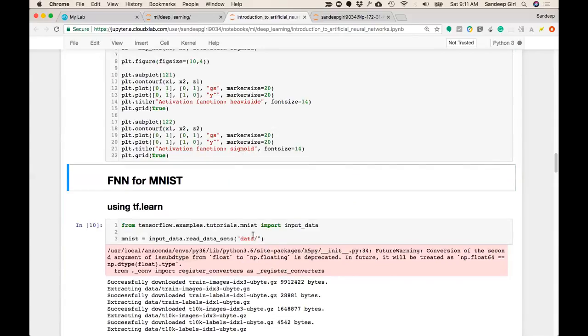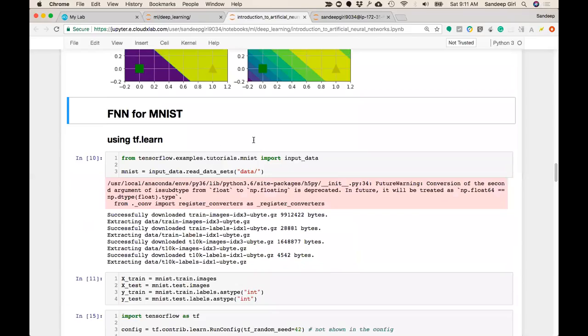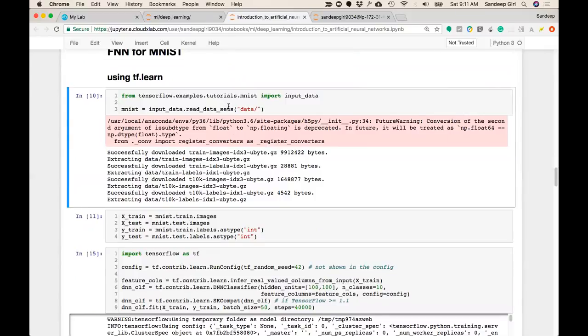So, okay, now this is the important part. First of all, let's try to use the out-of-the-box library of TensorFlow called TFLearn. TFLearn essentially has coded everything for us, so we don't have to worry about it. And in most practical scenarios, you would like to use the out-of-the-box one. But that does not mean that we don't learn the underpinnings.